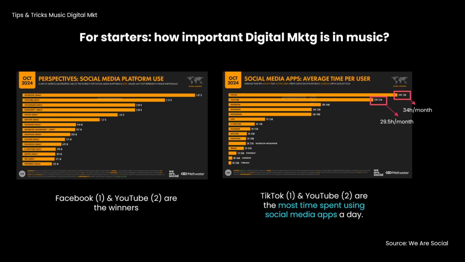So this, I don't know, sorry, because the figures are a bit small, but yeah, very quick. These figures are about the social media platforms that are used the most. And the winners here are Facebook and YouTube.